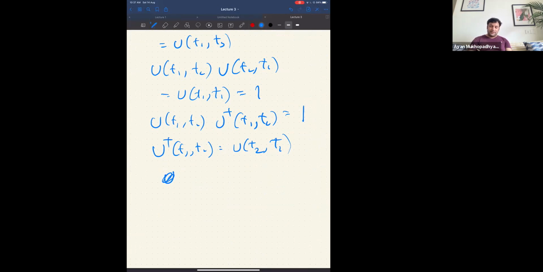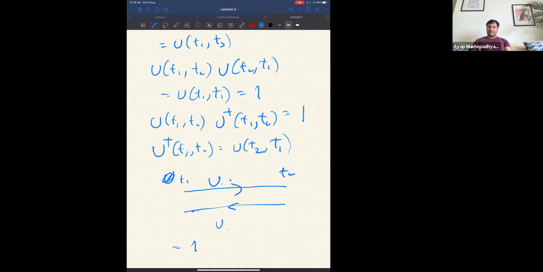One pictorial way of seeing this is as follows: this is U going from, say, T1 to T2, right? And this is U dagger, or U going back from T2 to T1, that is the same as U dagger. So this is equal to identity, and they exactly cancel out, right? If there is no operator insertion and it's the same Hamiltonian on this side and that side, they simply cancel out.